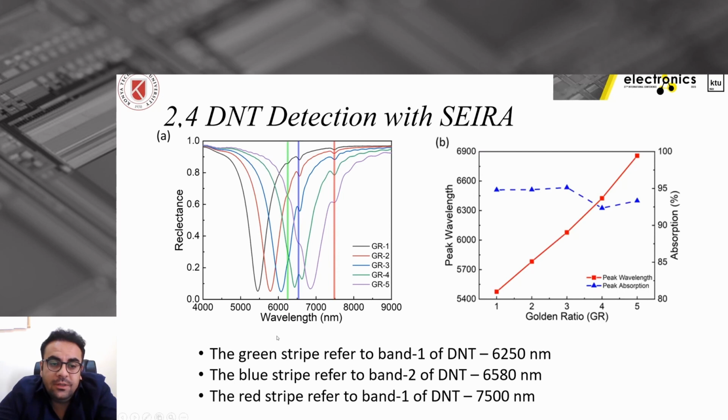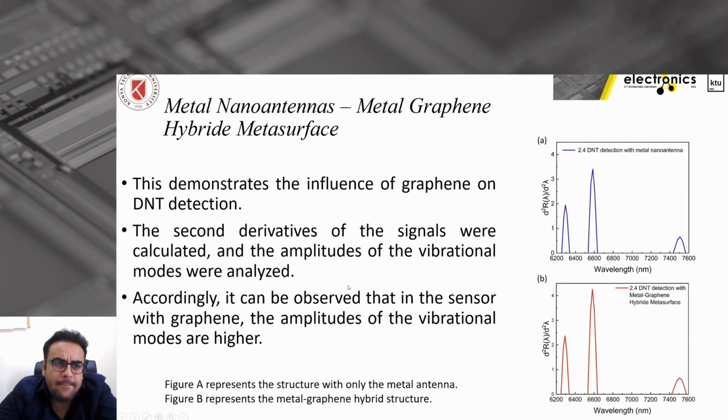In this figure, the green stripe refers to band 1 of DNT, and the blue stripe refers to band 2 of DNT, and red refers to band 3 of DNT. This demonstrates the influence of graphene on DNT detection.